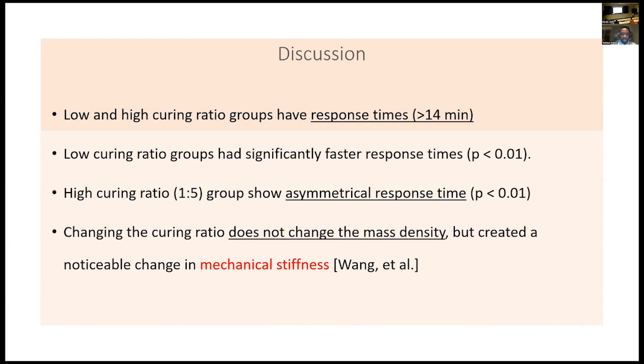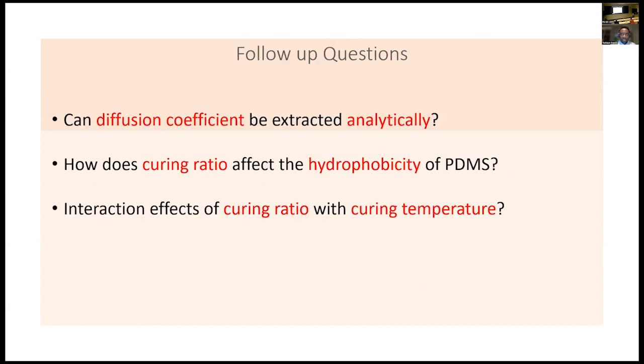We also found, just to be clear, this is the last thing, that changing the curing ratio doesn't change the density of the PDMS. We just confirmed that just to make sure that there wasn't less material overall. It's actually the same density, but there was a significant change in mechanical stiffness. And we found that was true, and we found some other papers which confirmed that this is normal.